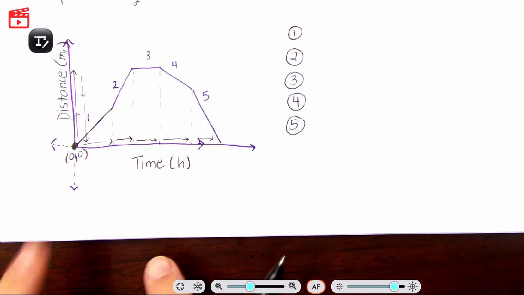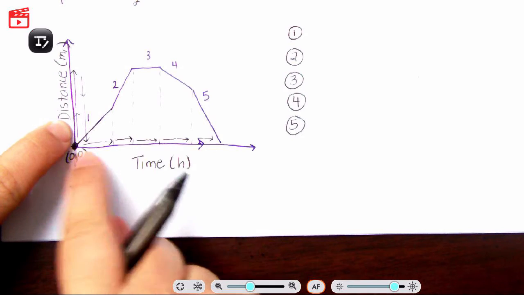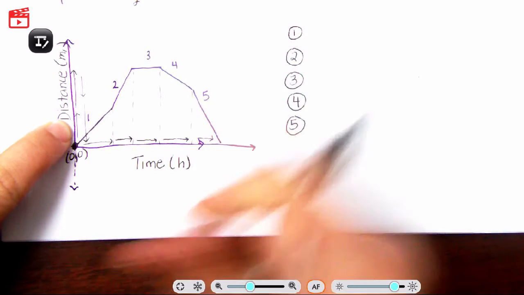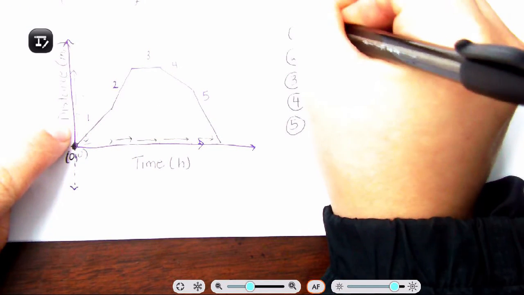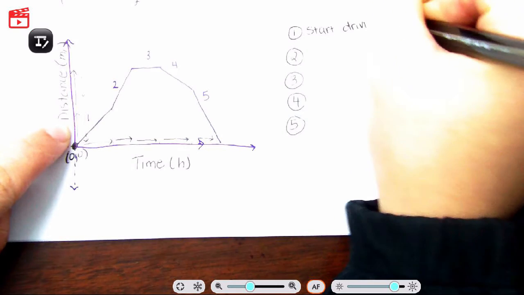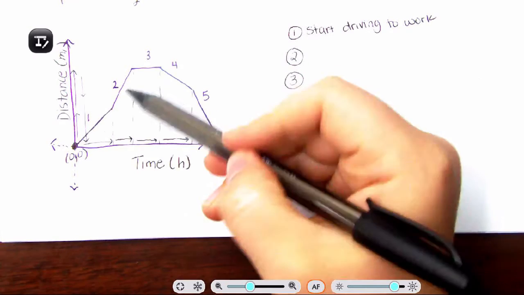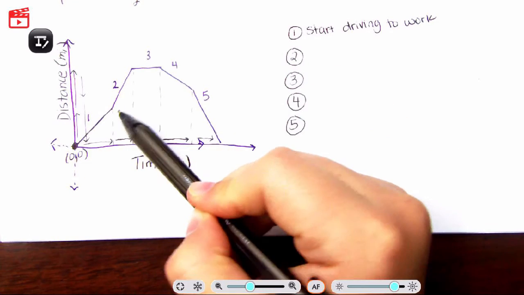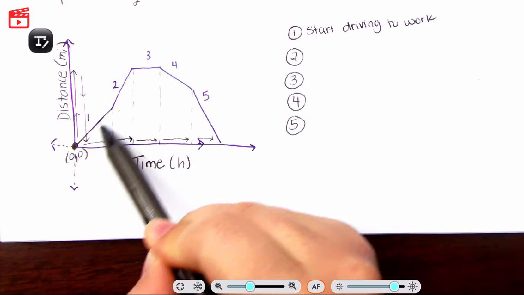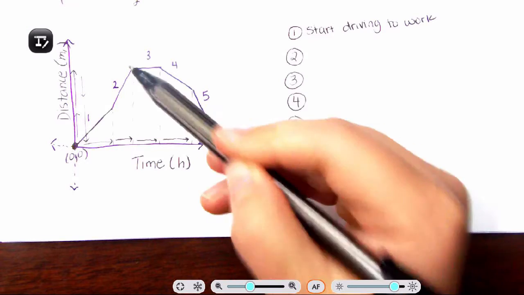What is happening? So at 1, what is happening? Well, my distance increases and my time increases. So I'm going to write, I start driving to work. Now, something is different from 1 to 2. So notice the difference between my 1 section and my 2 section.